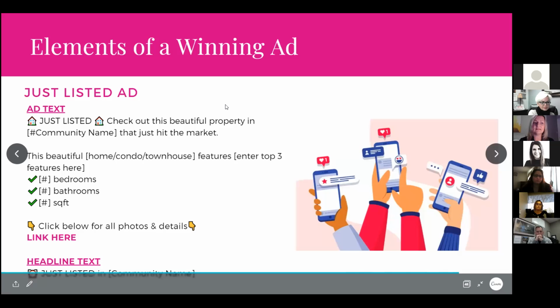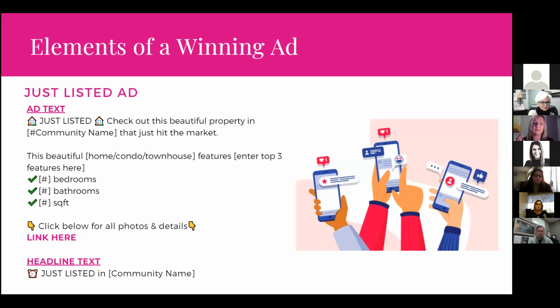Similarly, just listed ads, very similar format. You want to let them know this is just listed, used a couple of home emojis. Check out this beautiful property in Hawthorne Village, for instance, if this was that area that just hit the market. Again, it doesn't necessarily have to be bedrooms, bathrooms, square footage, but 3 top things that your target audience would be interested in knowing.